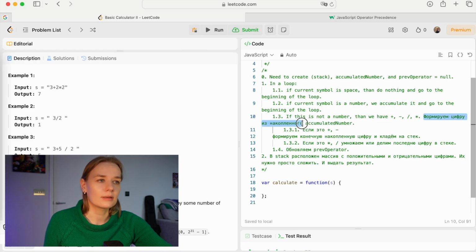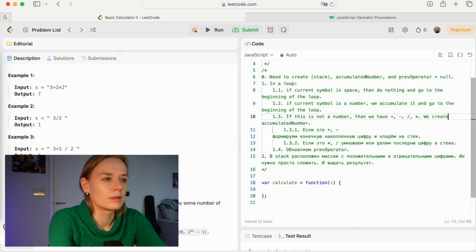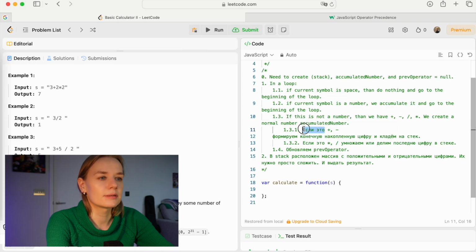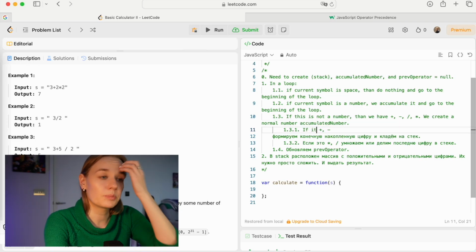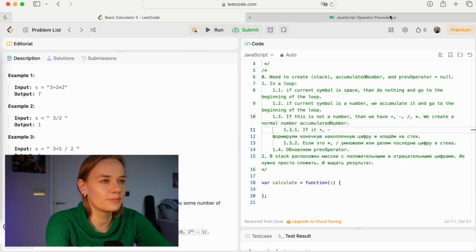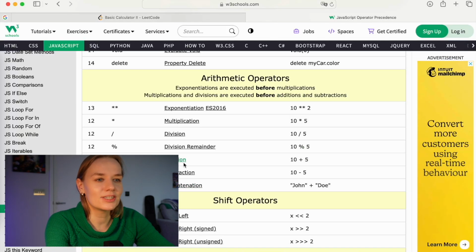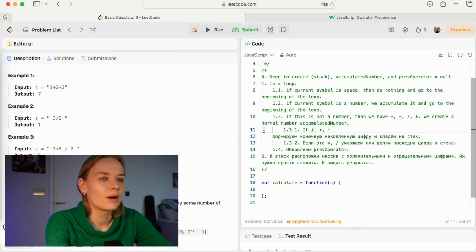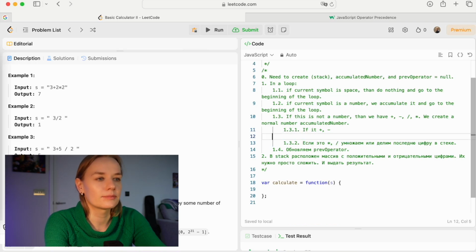We create a normal number, and next, if it is a plus, that is addition or subtraction, we create a number and put it on the stack.